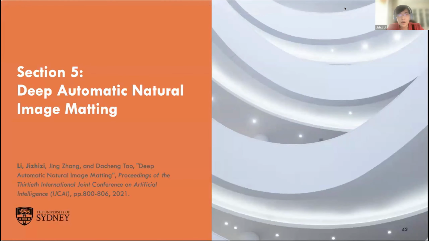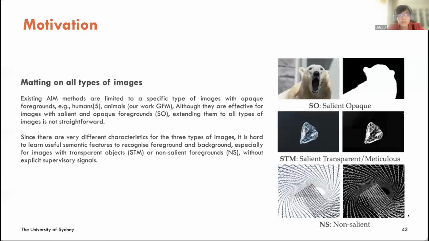Okay, so here comes our next work. We focus on all types of images because we realized that some of the previous methods require auxiliary input as I said, and those that do not require any auxiliary input tend to extract all the salient foregrounds. But there are different types of images in the world, right? So we classify them into three types.